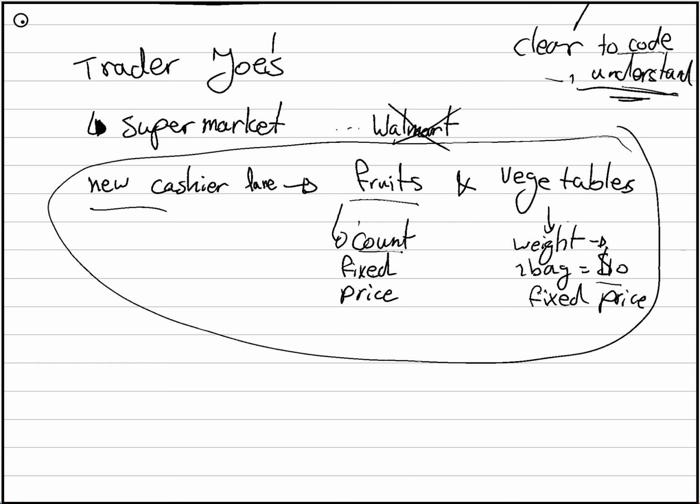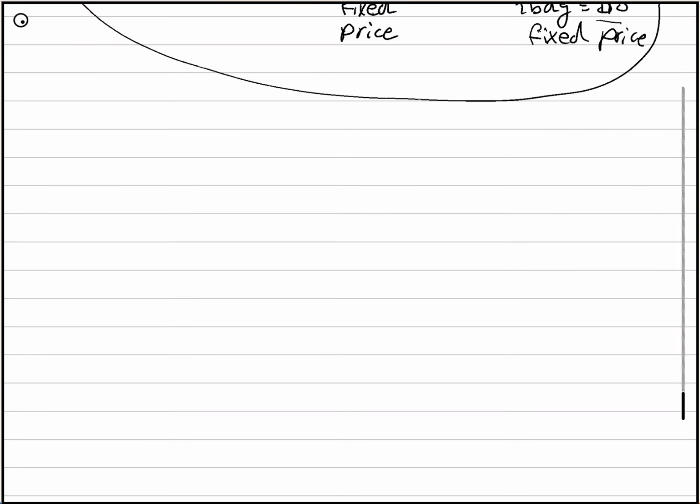I would create two different classes, one for fruits and one for vegetables. Okay. Before we think about what kind of classes or interfaces, let's just think in terms of pure information. Let's forget about all the coding and programming concepts that we've learned. Let's just focus on what information we have.